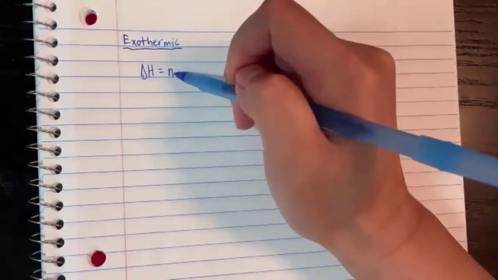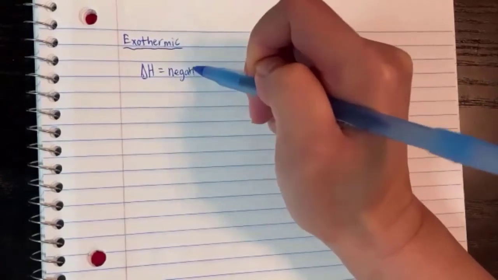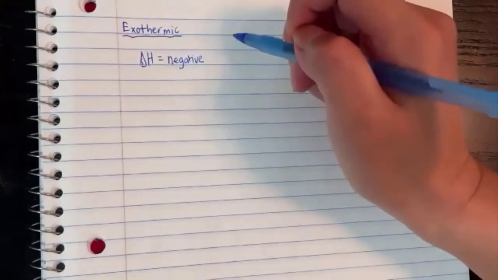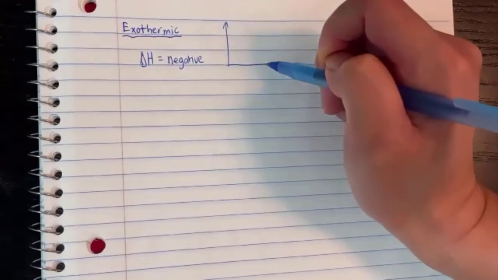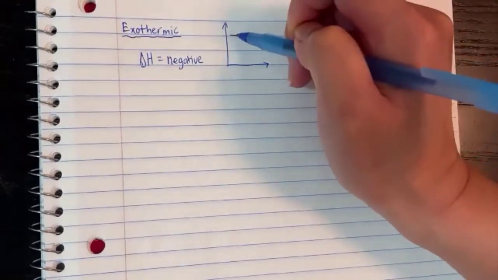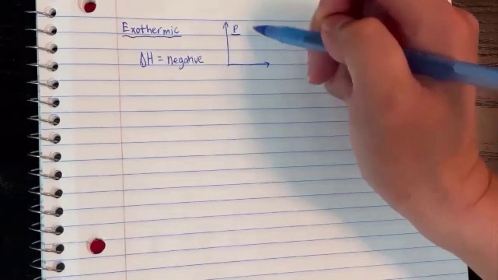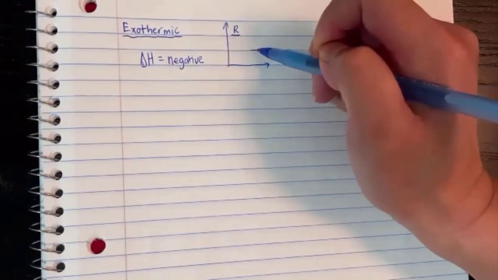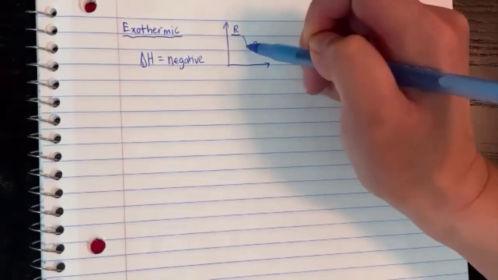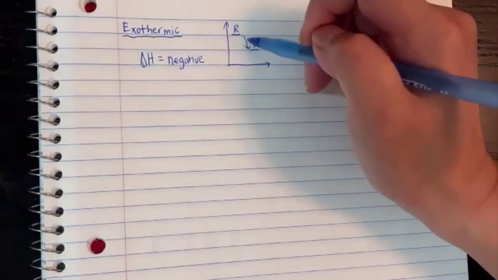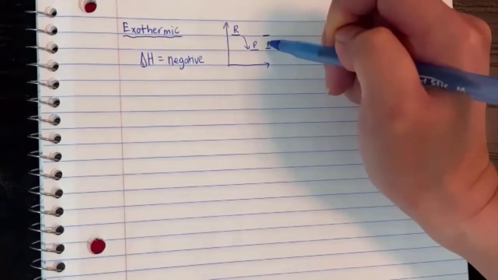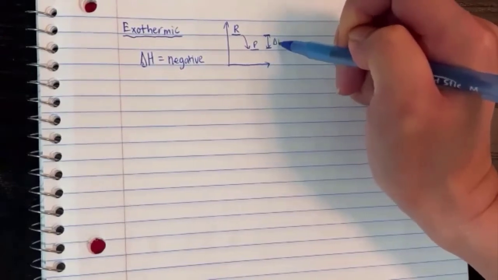It was negative sign. So something you have to remember from Chem 1. But if you don't, we have a little review right now. And if we were to draw the little graph out, the reactant has a higher energy than the products, and it goes down that way. So when it goes down in energy, this difference here is your delta H.